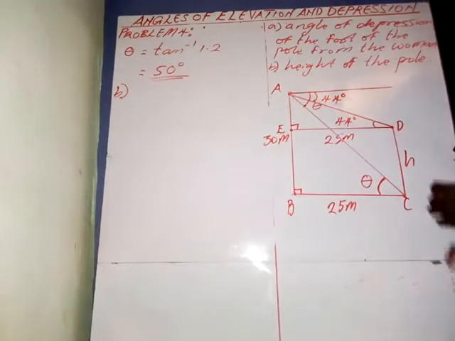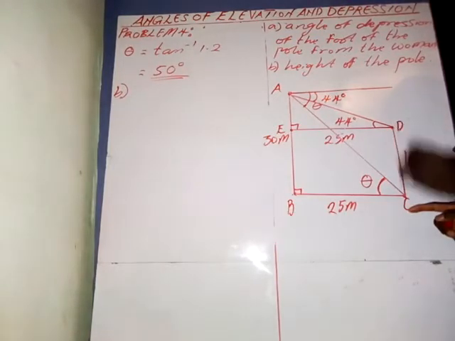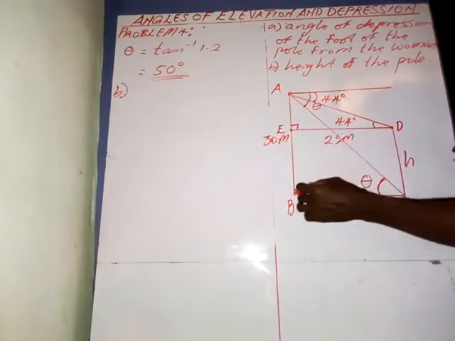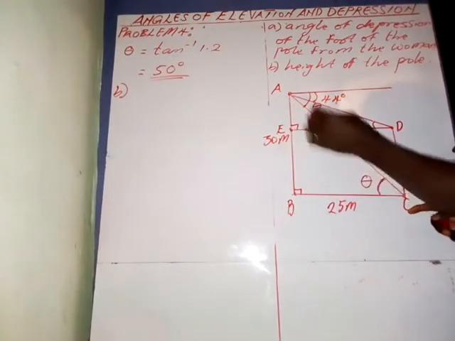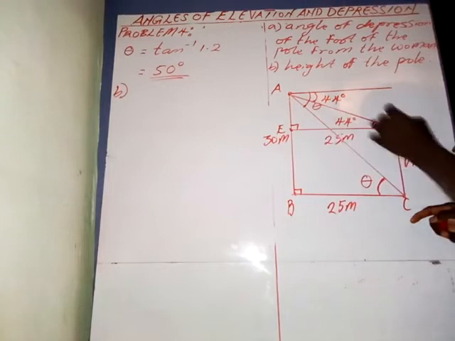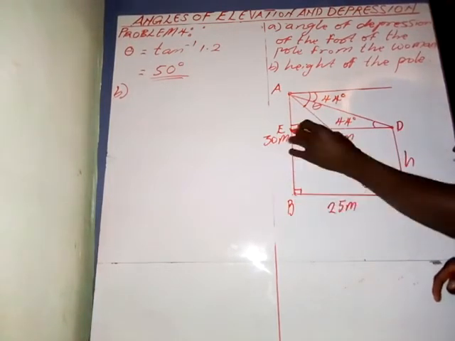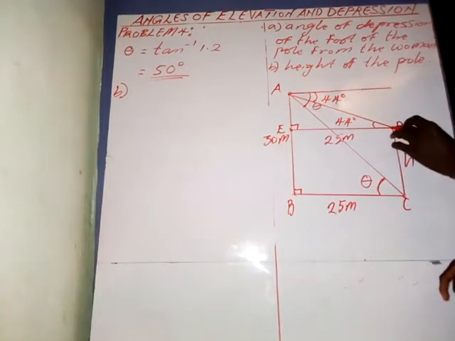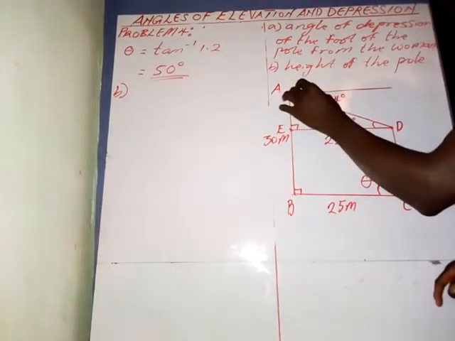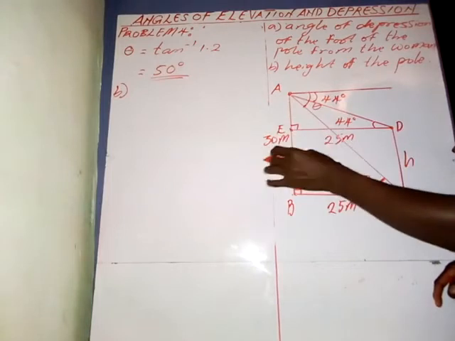The distance from here to here is also equal to distance BE. Since we know that BE is also equal to CD, and then we have that AB is 30 meters.